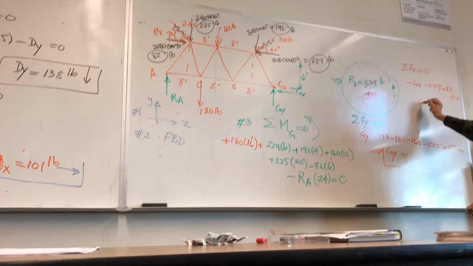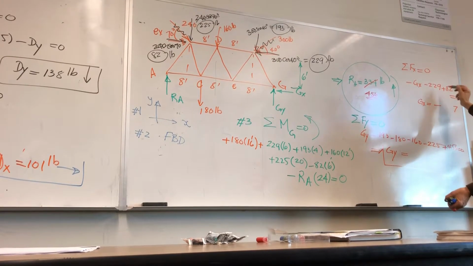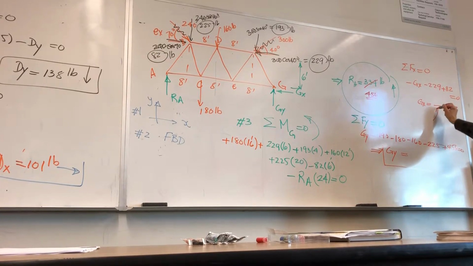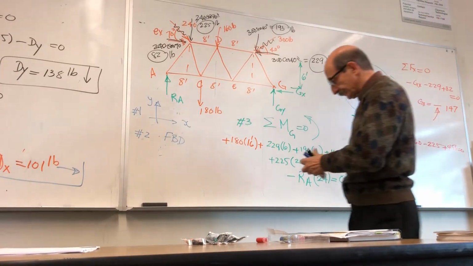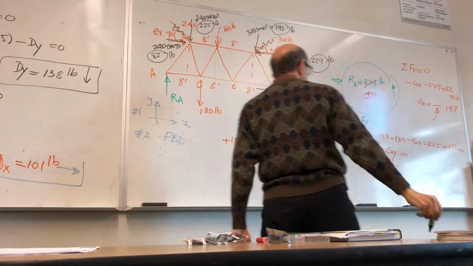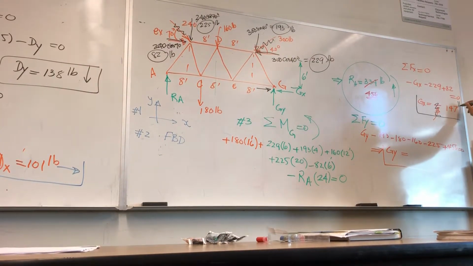So GX comes out to be negative 147. That means the assumed direction here is not correct. So this should be this way. Okay, and we correct that, and that's it.